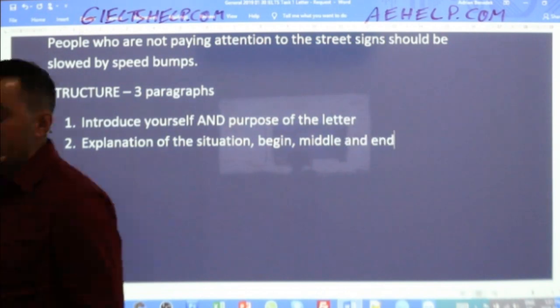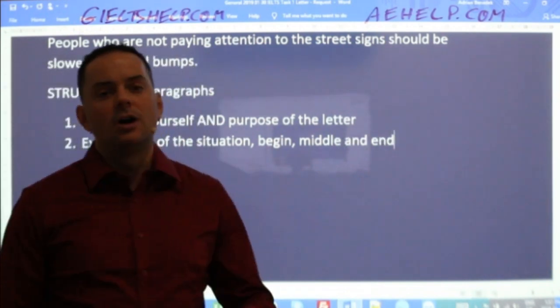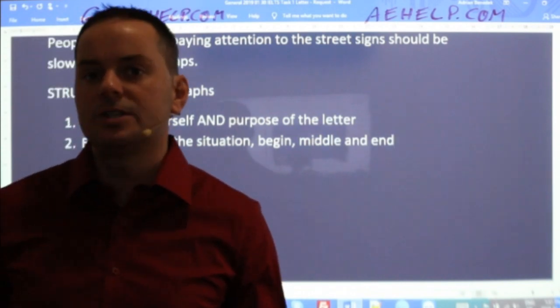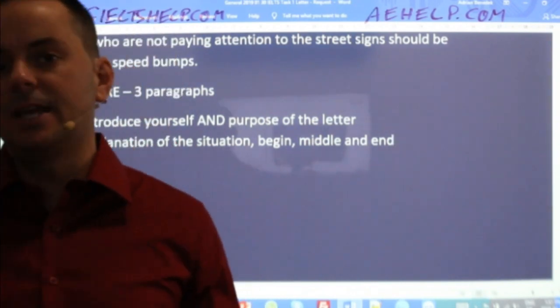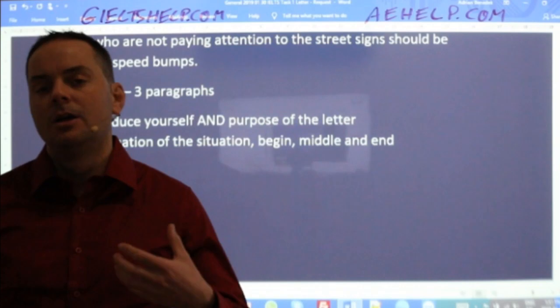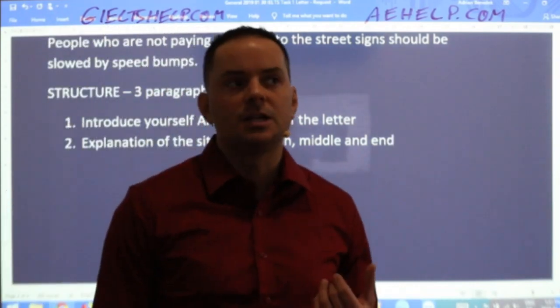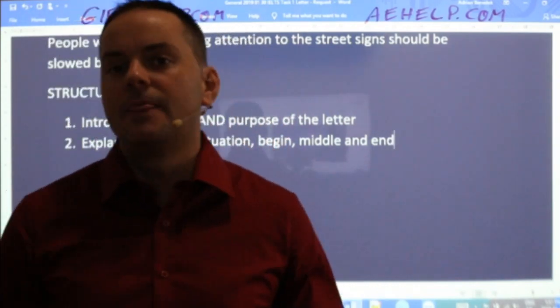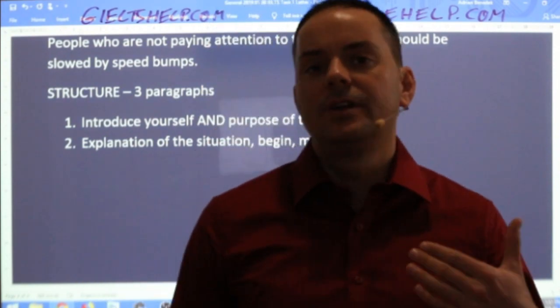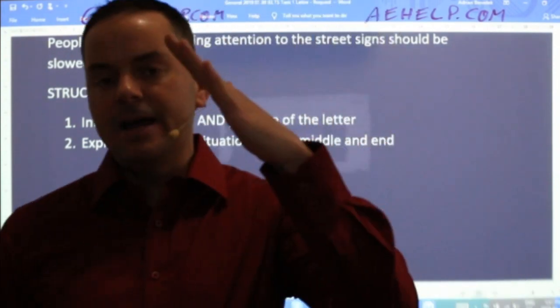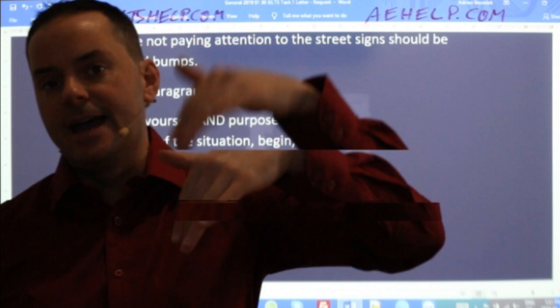Okay, so it will structure around this concept of having a beginning to what you're saying, a middle to what you're saying, and an end to what you're saying. In a common story situation, it's introduction of characters, then it's content, events, climax, and then the anticlimax.